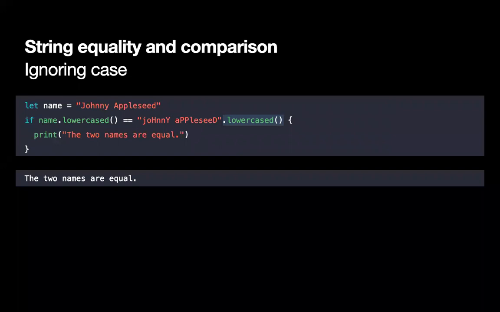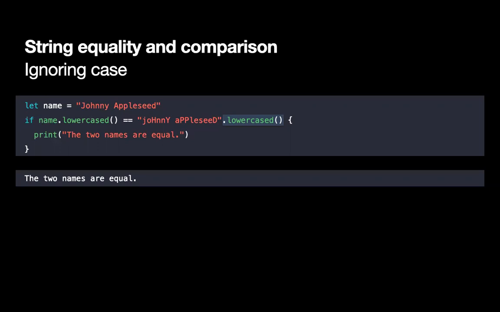Now here, if you want to ignore the case, just as in the previous case, because of the case sensitivity, the strings are not showing a match. So if you want to ignore the case, then you can use the method called lowercase, dot lowercase. So here we have defined one more string, Johnny Appleseed, assigned to the name constant.